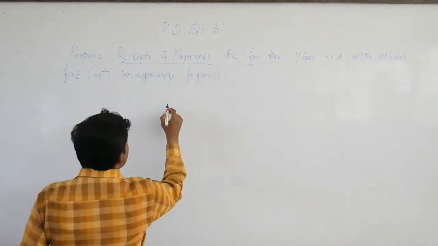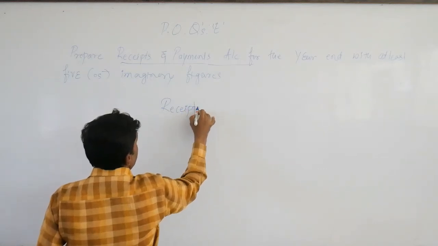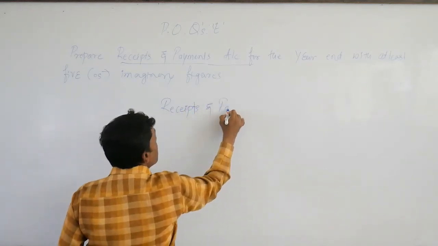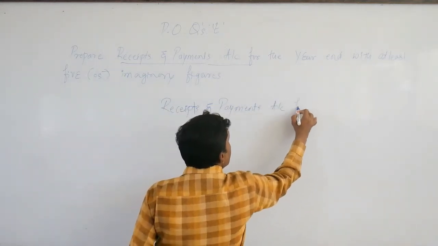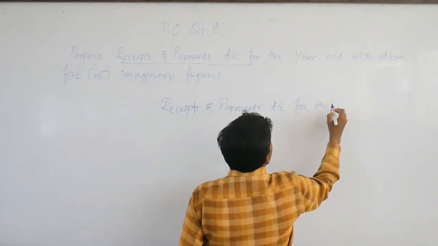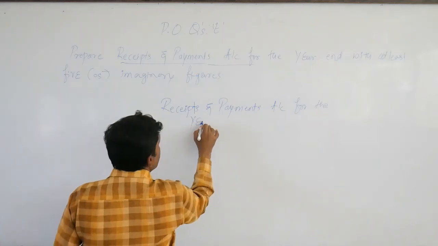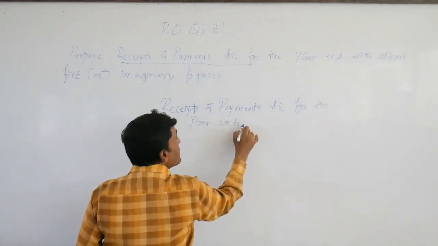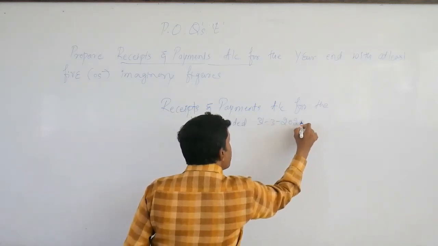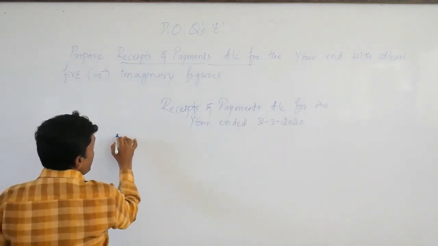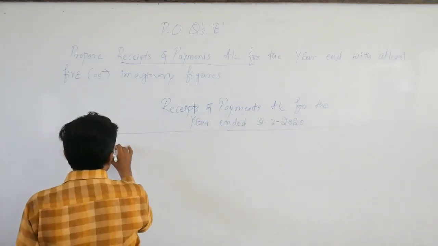How to prepare this receipts and payments account? Receipts and payments account for the year ended 31st March 2020. Dear students, as you all know, it is a real account. It is just like a cash book.